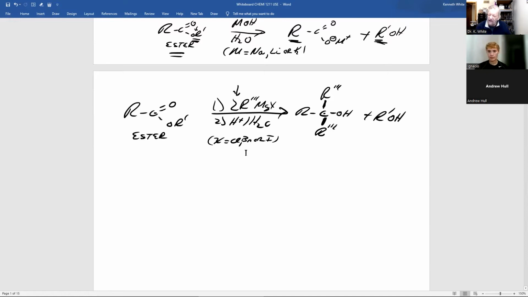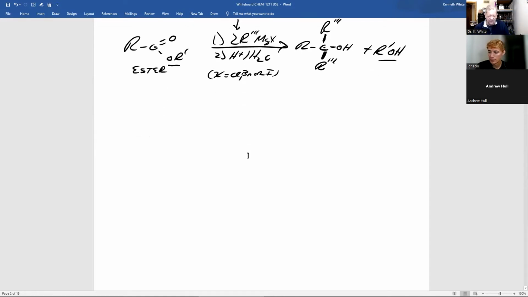But this is a way of making not 1, but 2 carbon-carbon single bonds to new carbon. And then from the ester, this OR gets kicked out as an alcohol. So this is a great tool to make bigger molecules because you put on not 1, but 2 R triple primes. So let's take a look at this.